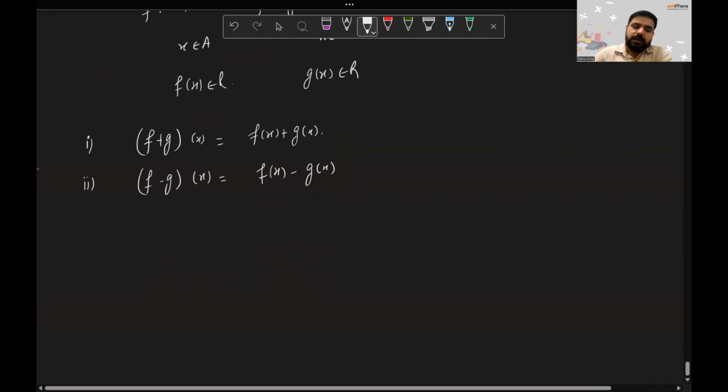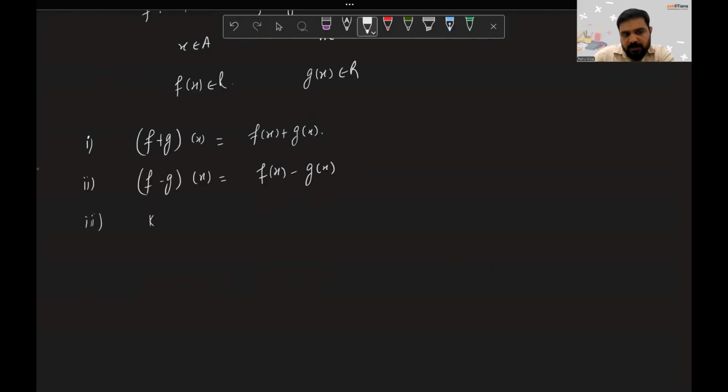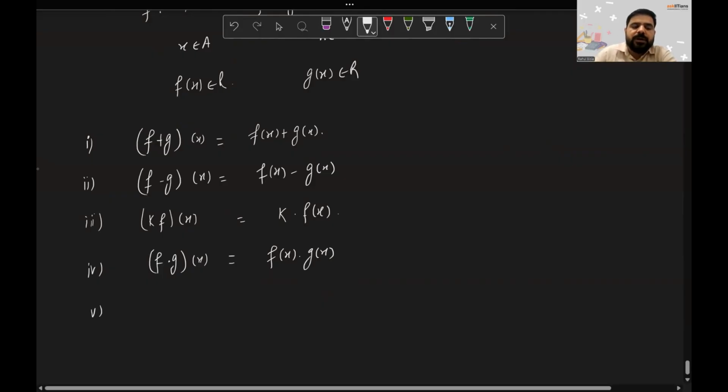Third, if we have some constant multiplied by f of x, the constant will be coming outside the bracket and we'll have this as k times f of x. Next we'll have f into g of x. This is going to be f of x into g of x. And if we look at the division part, if we write it as f by g of x, this is going to be f of x divided by g of x.